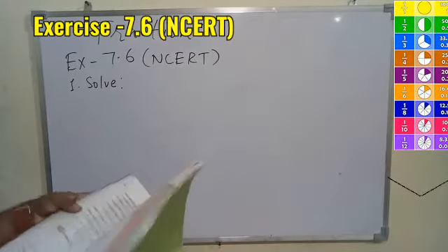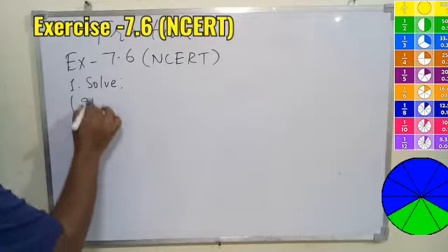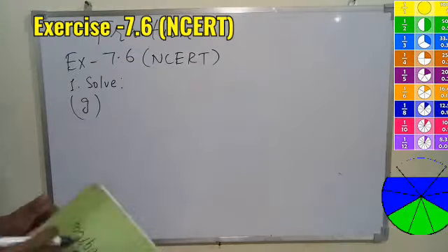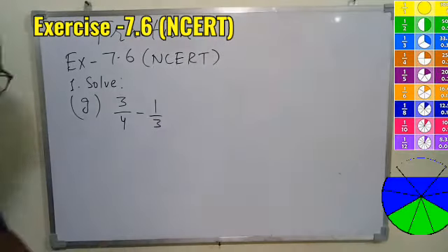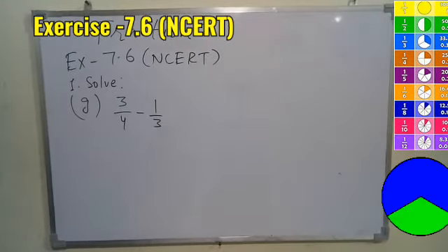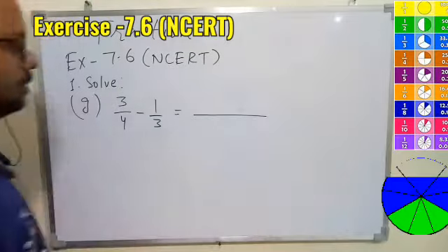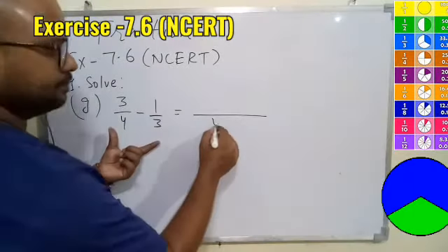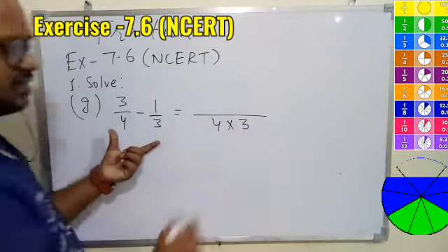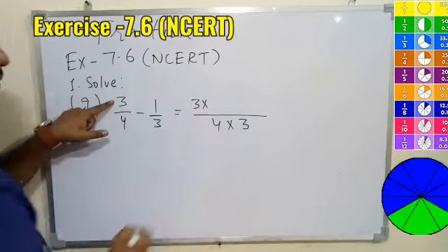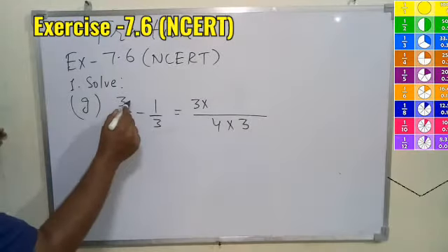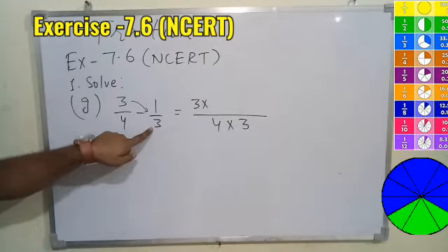Let me do G part. One subtraction, we have 3 by 4 minus 1 upon 3. So let's do it by the direct method. Multiply 4 and 3. Now write down 3 as it is. Multiplication sign. What should be multiplied? The other one, that is 3.